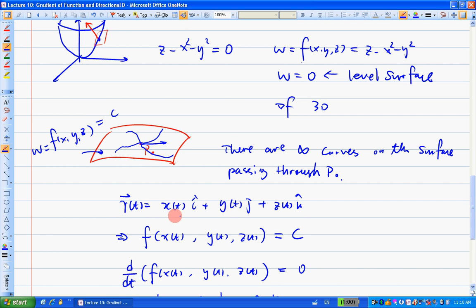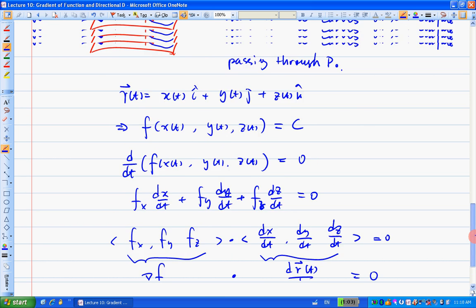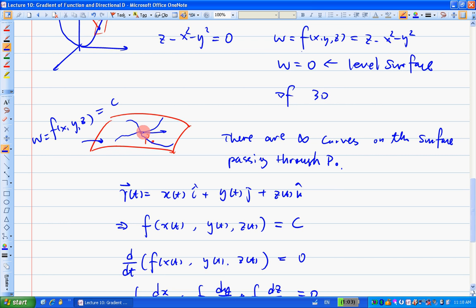What I'm giving here is a general parametric equation, which can be used to represent any curve on the surface. So it can be used for this curve, and for this curve. This can represent a tangent vector for this curve at this point, and also a tangent vector for this curve at this point.